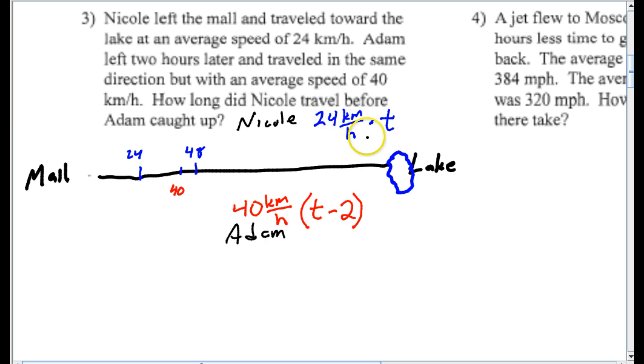So we can use the same thing we did in number 1, saying, well, this distance of 24 times T is going to be the same as Adam's distance, which is 40 kilometers, but 2 less hours to drive. So that's why it's that.